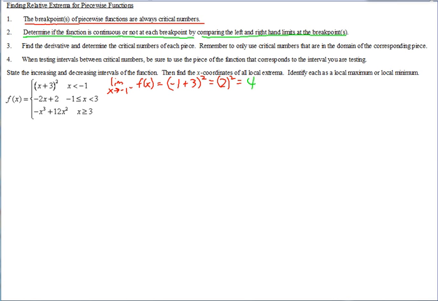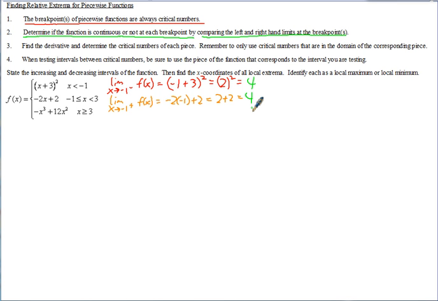And then let's compare that with the limit as x approaches -1 from the right. For the right of -1, you use this middle piece, so that'd be -2 times -1 plus 2. Well, -2 times -1 is 2, sorry, I'm ahead of myself. That's 2, and then when you add the 2, you get 4.